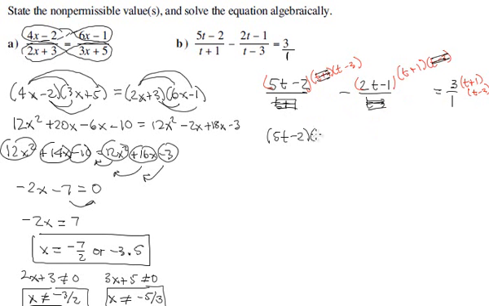5t minus 2, t minus 3 from our first term, minus, then we have 2t minus 1 and t plus 1. And on the right we have 3, t plus 1, and t minus 3.